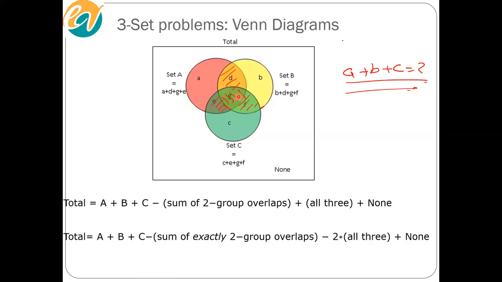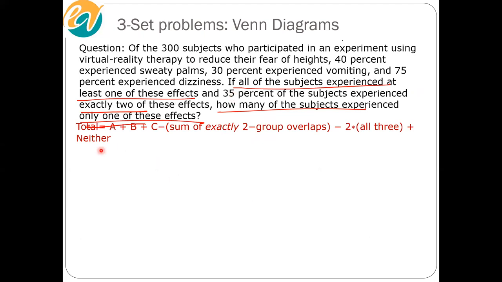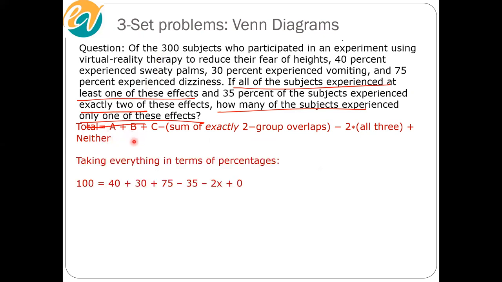So what is the only thing we have to find out? All the 3, right? And how do we find out all the 3? Using this formula. Right now, let's calculate everything in terms of percentage.